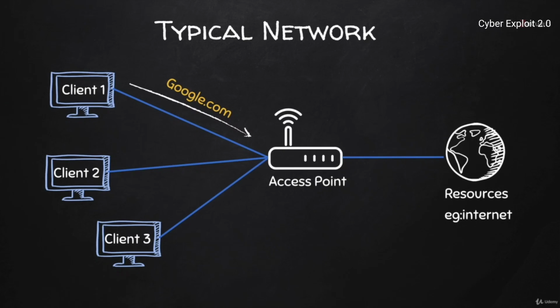You'll be able to see the URLs they visit, the usernames and passwords they enter, the chat messages, anything they do on the internet will be sent as packets, and therefore you'll be able to capture it and analyze it.